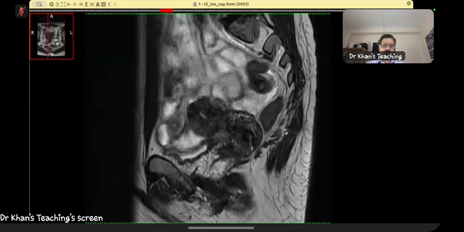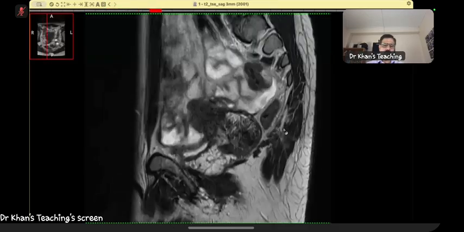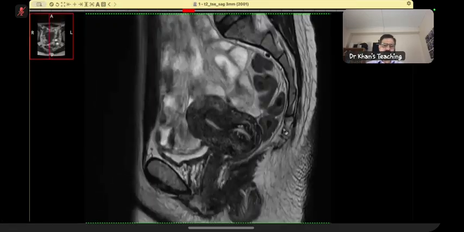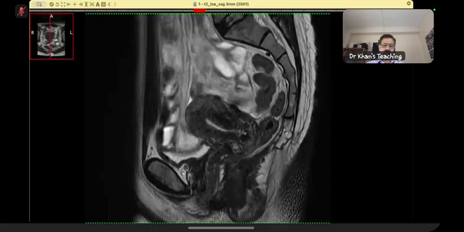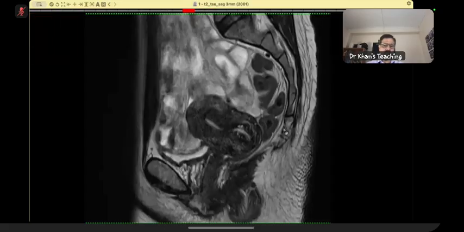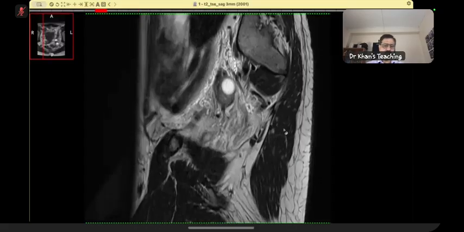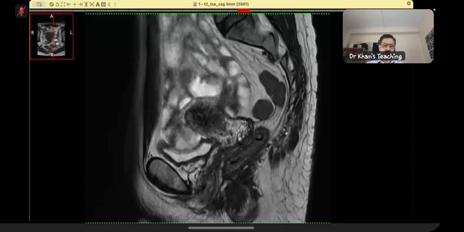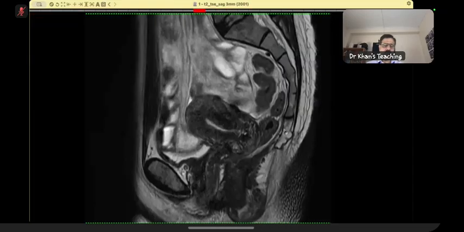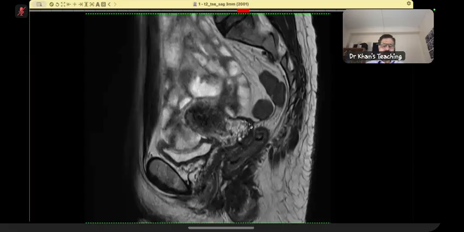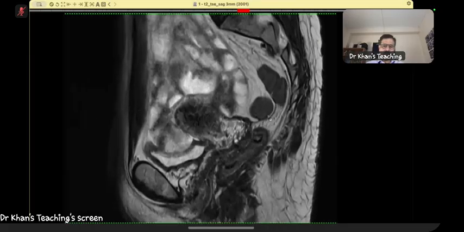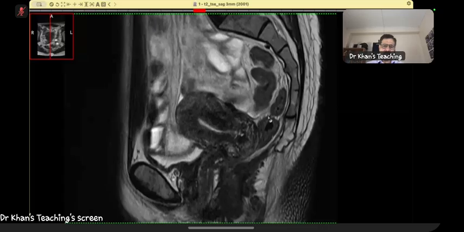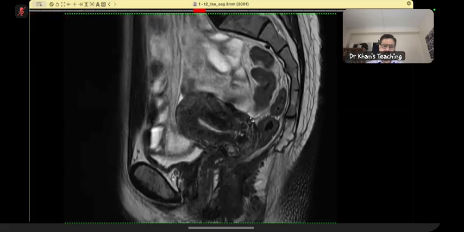Please remember when a patient comes for rule out endometriosis, that might be the clinical. At times, in this particular case, nobody knew that the patient has got endometriosis, but the patient presented with what we call infertility. Now, one of the key things here is that if you see, this is the peritoneum.